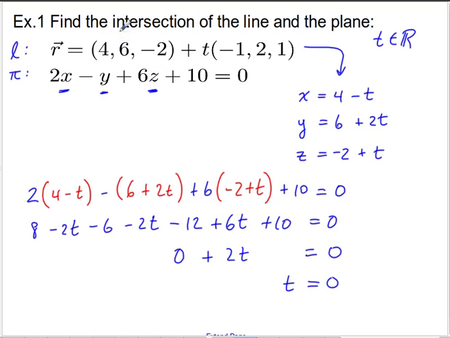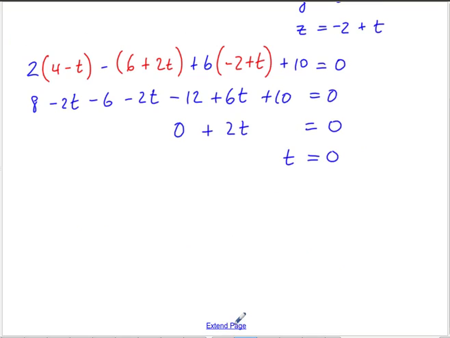So the position vector, which is r naught, is already pointing to a point on this plane. The way we would show that formally is to find our point of intersection.